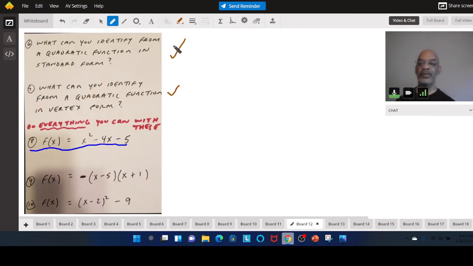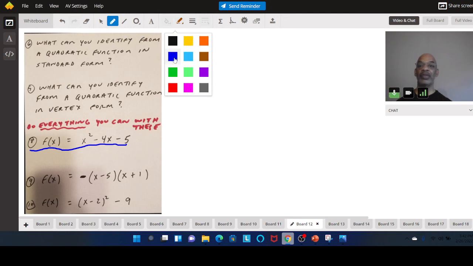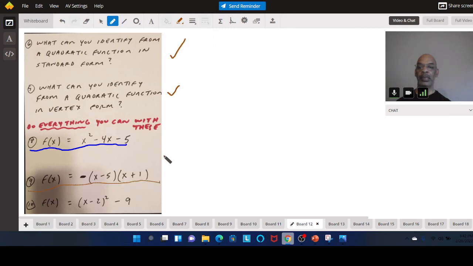There's a couple of things on 9 and 10, which are really 10 and 11. So recognize this one as a quadratic function in intercept form. x minus 5 gives us an x-intercept at 5, 0.